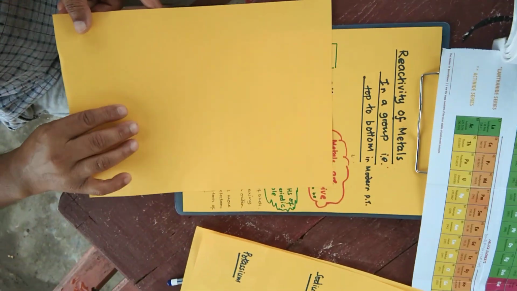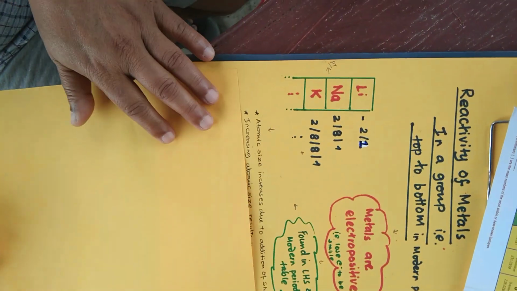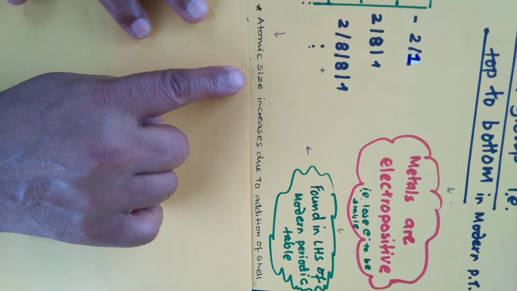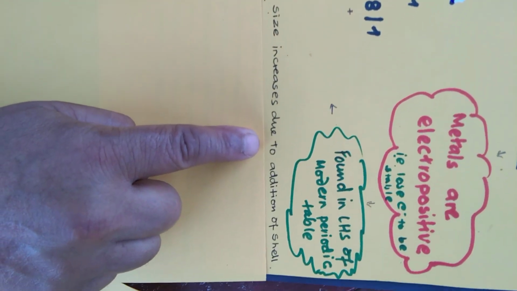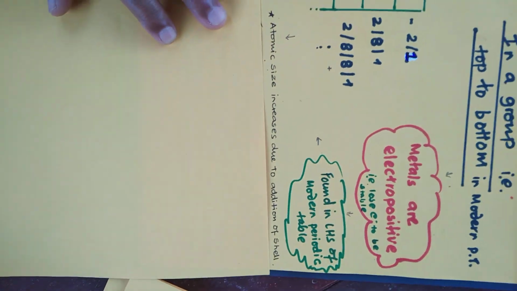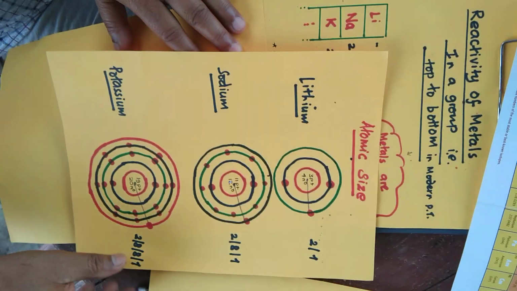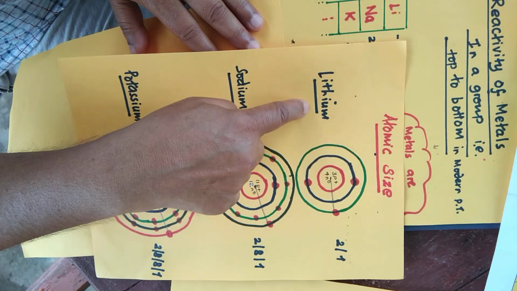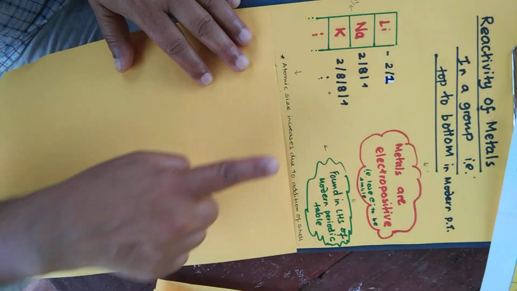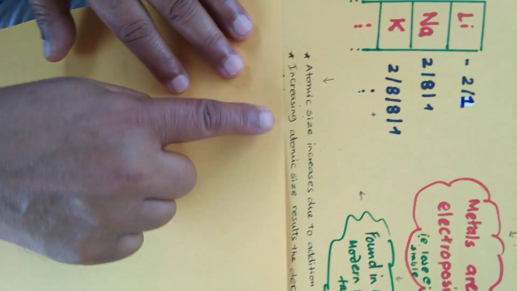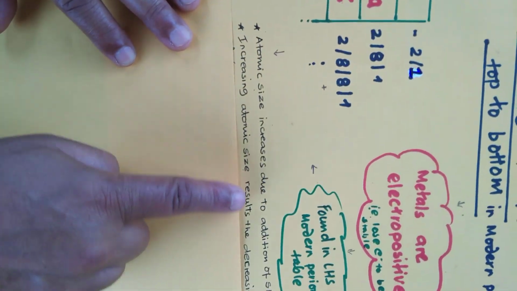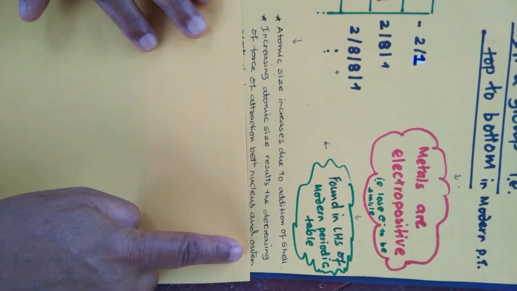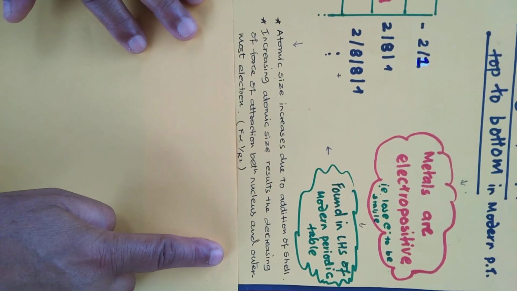Now, how does the reactivity occur here? First of all, see what happens. Atomic size increases due to the addition of shells. As you have seen, there is an addition of shells. Sodium has one more shell than lithium. The first point: increasing atomic size results in decreasing force of attraction between the nucleus and the outermost electron.